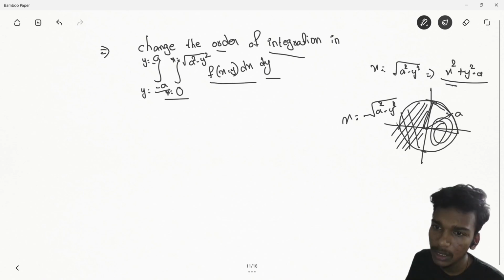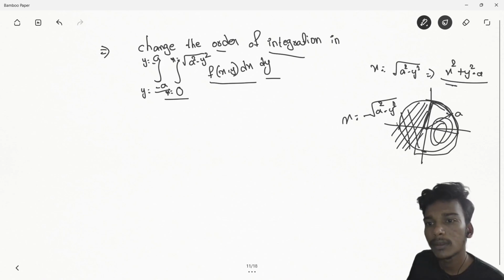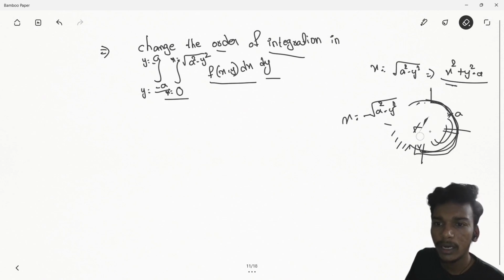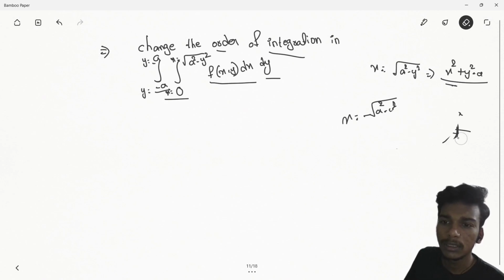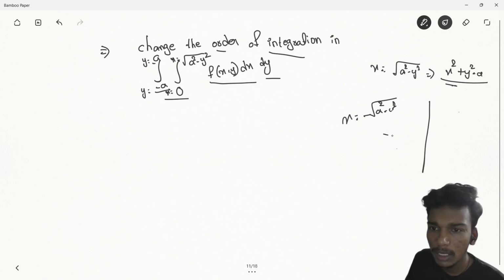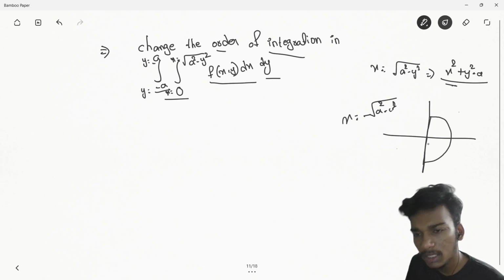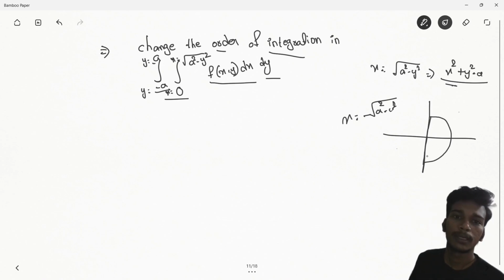Then we will consider this whole region. This is the area of integration that we will carry out. I hope you guys got an idea of area meaning limit of integration. By looking at the limit, we judge that we are going to integrate our function f of x comma y in this region only.